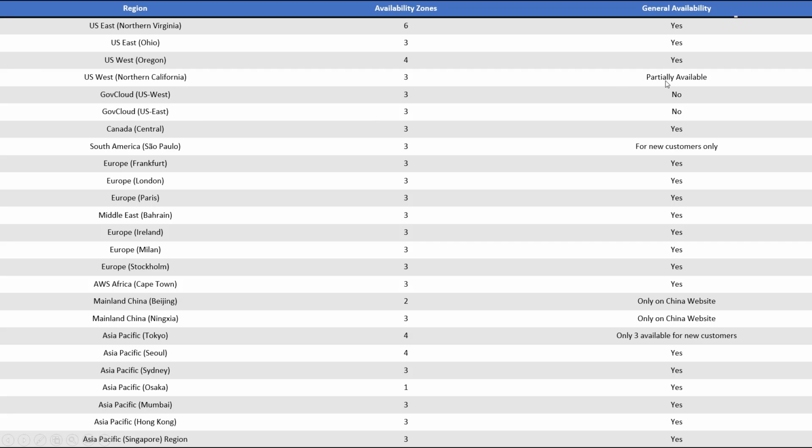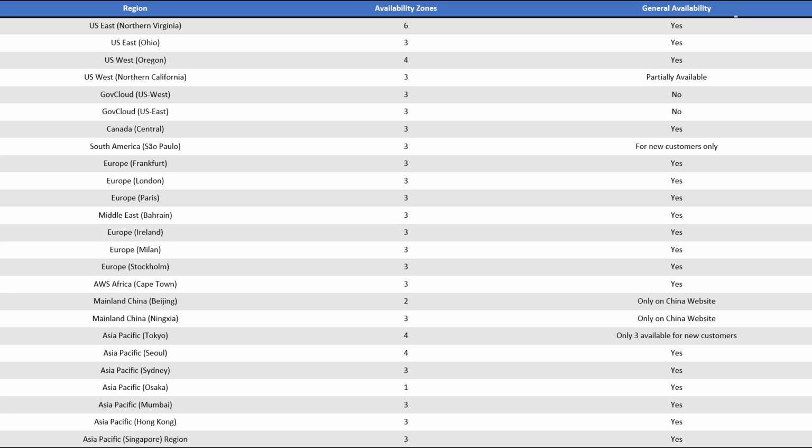There is 1 availability zone that is not available to the public. Then in Tokyo there are 4 availability zones, but only 3 are available for new customers. Older customers can get access to the 4th one, or people who want the 4th one need to contact Amazon specially, and they need to be a local customer in that case. So these are some exceptions for the availability zones, and this is about regions and availability zones.